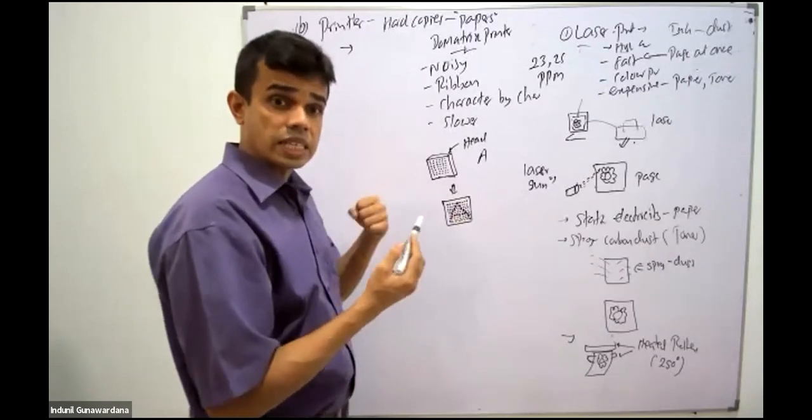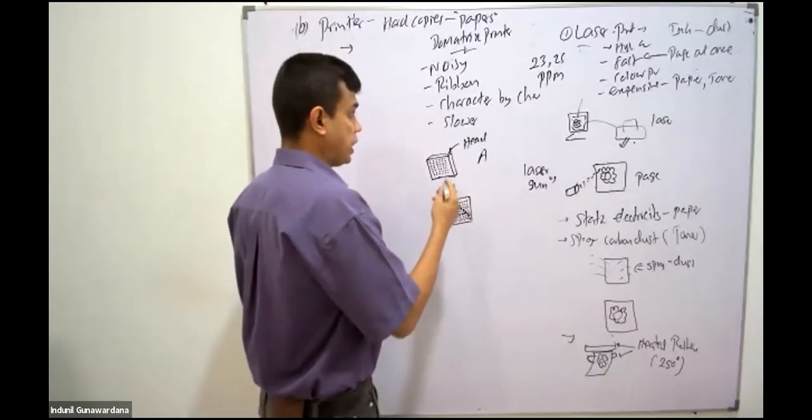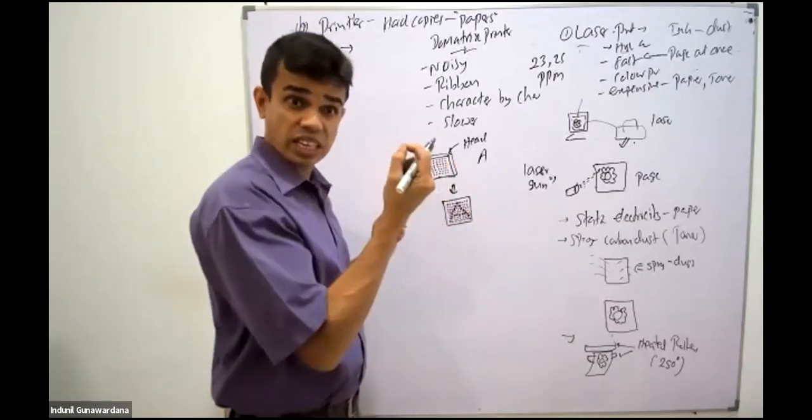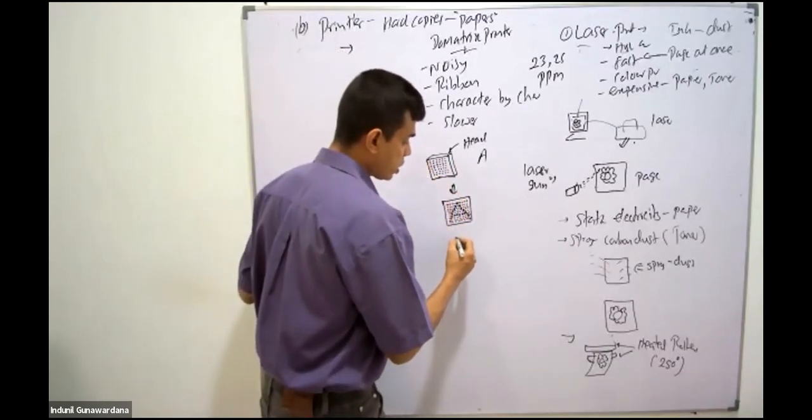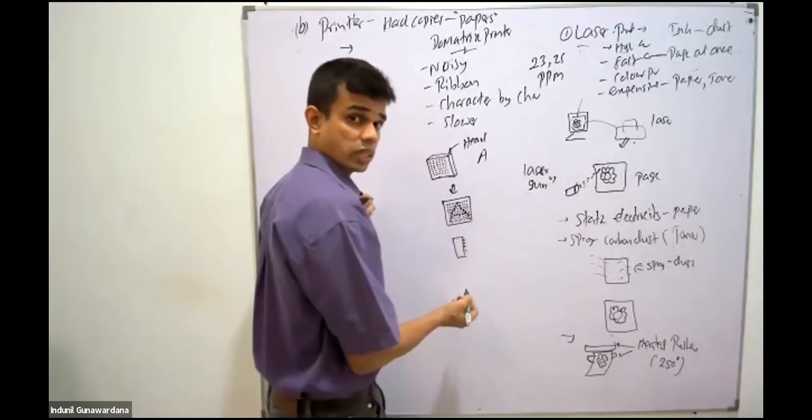Others are just lying inside. They are inside, whereas these are coming out. That's how we prepare the pins for one character. And when it comes to the side view, this is the head, and some pins came out.